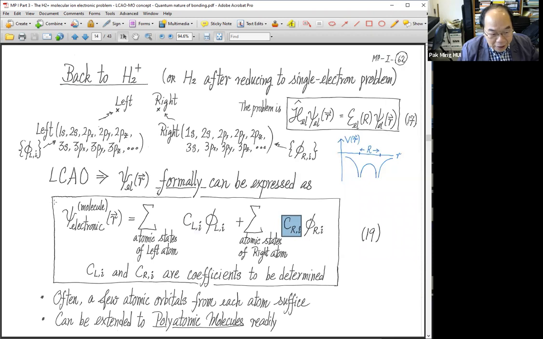So this linear combination of atomic orbitals is the starting point of LCAO exercises.